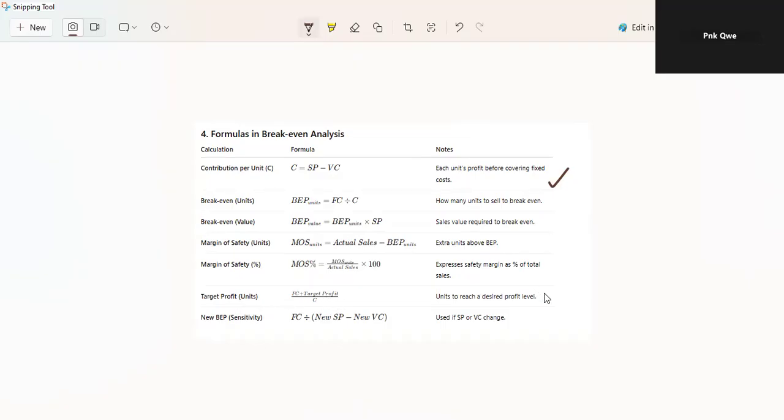It looks at the units needed to reach a desired profit level. And we also have the new break-even sensitivity: fixed cost over new selling price minus new variable cost. It is used if the selling price or variable cost change. So understanding the assumptions, and in the event that they change, you can make an adjustment.